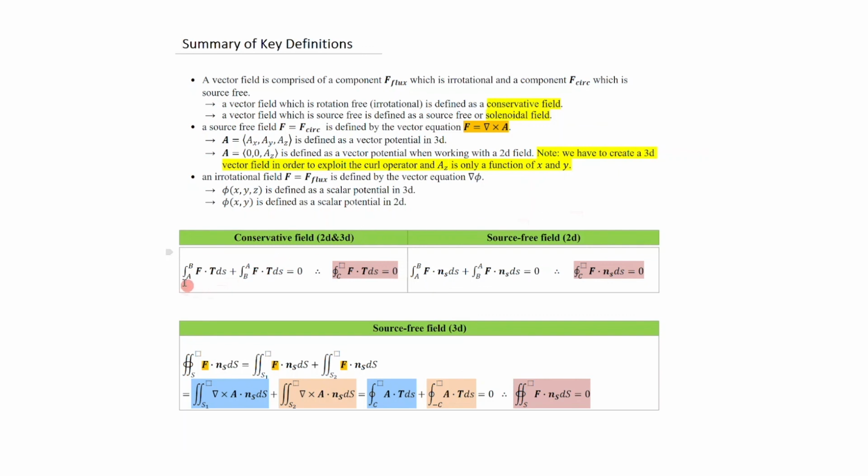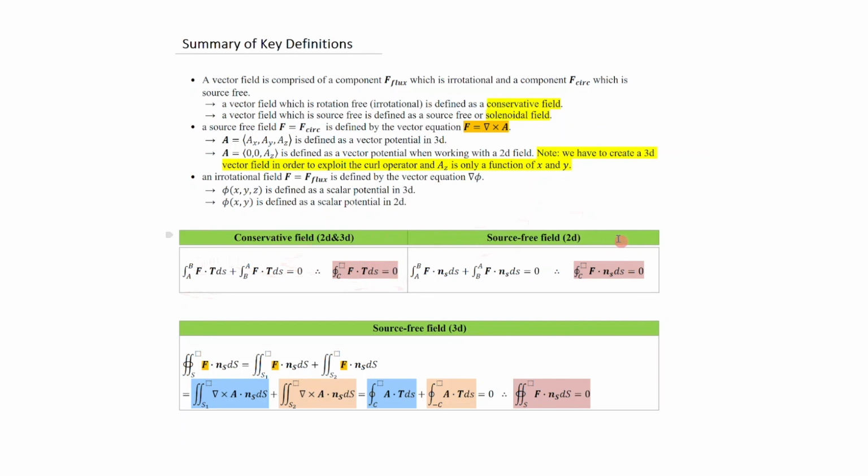We essentially say if we integrate F dot T ds between a point A and B, so it's like a partial circulation, and then go from B back to A, which means we formed a closed loop, then the result of this calculation is going to be equal to 0. In a more succinct fashion, if I take any closed loop, which means I'm taking circulation, it is equal to 0 if I'm dealing with a conservative field or an irrotational field.